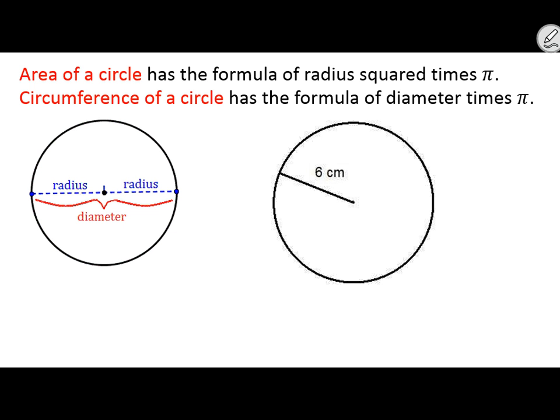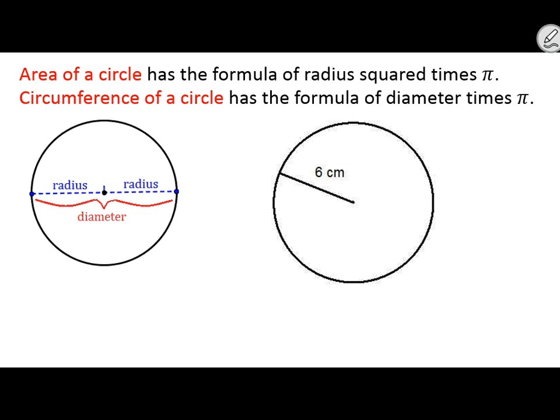The radius is 6. The diameter is 12, because remember, the diameter is from edge to edge. Even though I just gave you one measurement, you know both radius and diameter. And we're going to need both because we need the radius for the area and we need diameter for circumference.